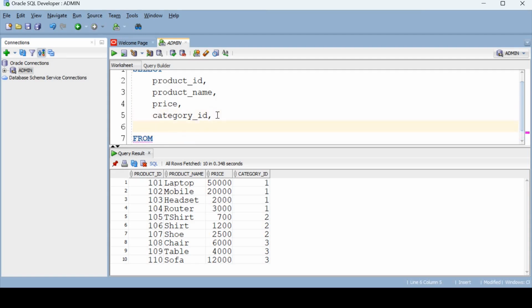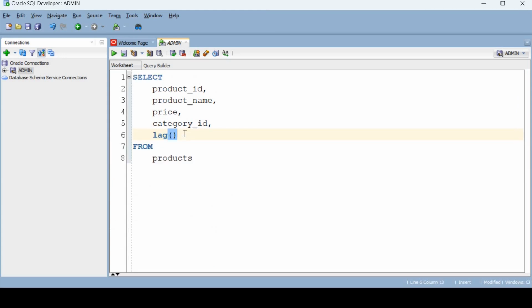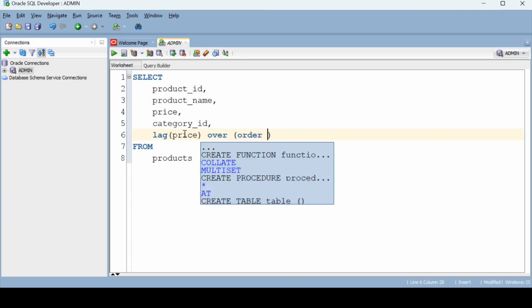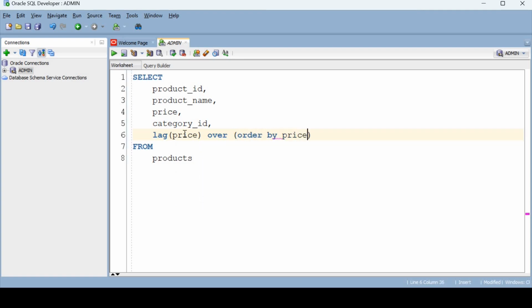I'll write lag and take the price column, and I'll use the over clause with order by price, and I'll put an alias name for this column, which is previous price.